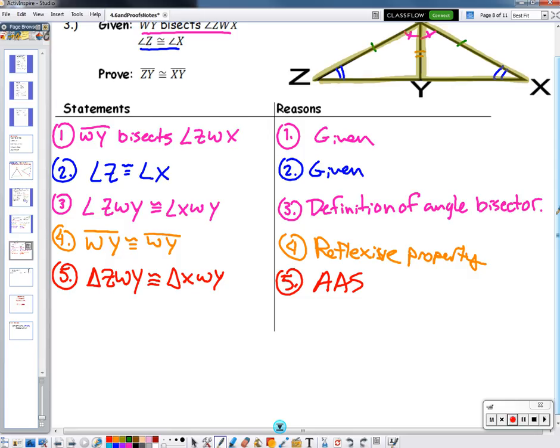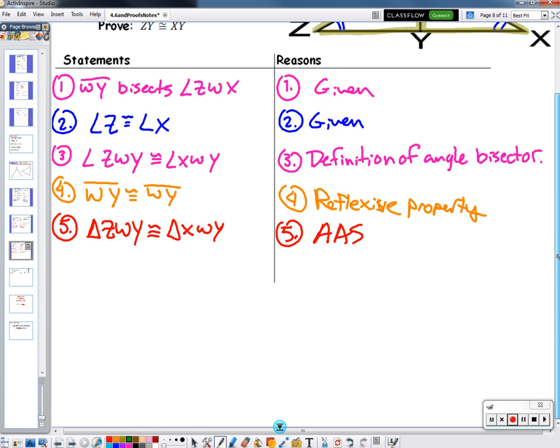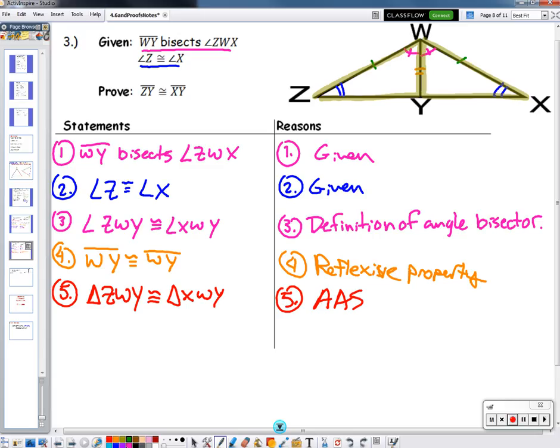So now that I know the two triangles are congruent, I need to look at what I'm trying to prove, which for us is that ZY is congruent to XY, and I'm going to label that on my picture to see if they correspond with each other. So ZY, that's right here. Does it correspond to XY? Does ZY correspond with XY?